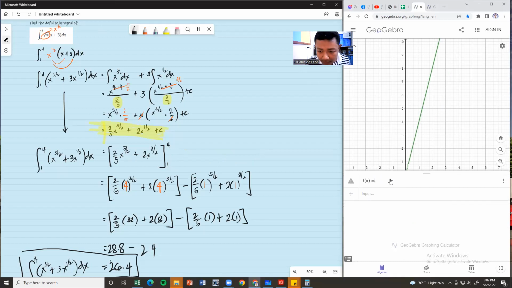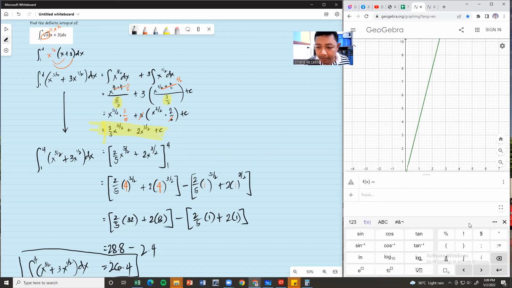Paano ba yung symbol nito? Here, ayun. So we have here the square root of x times x plus 3. That's it. There you go. That is the curve.